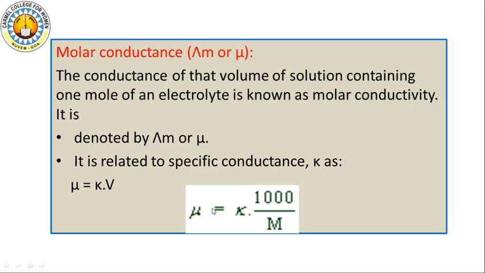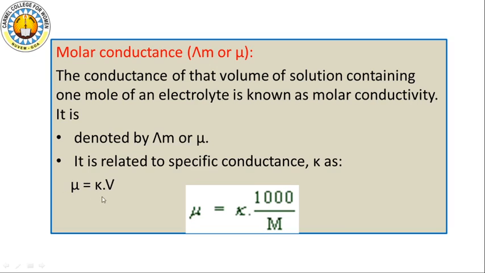You all should know what is meant by 1 mole. 1 mole is that quantity which contains Avogadro's number of particles. It is denoted by lambda m or mu. It is related to specific conductance K by this particular formula: mu is equal to K into V, that is, molar conductance is equal to specific conductance into volume.